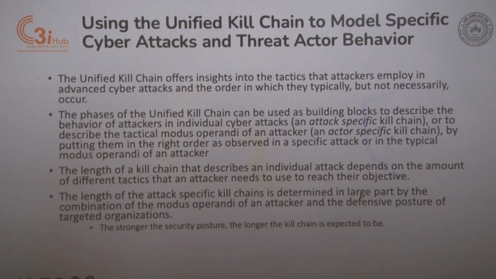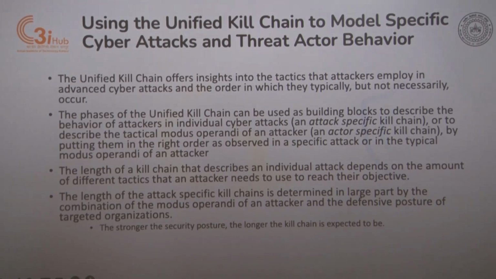That will give us an insight about what exact set of tactics attackers have followed, and later represent the whole modus operandi, how attackers perform the attack from starting to ending. So this will give a complete picture.